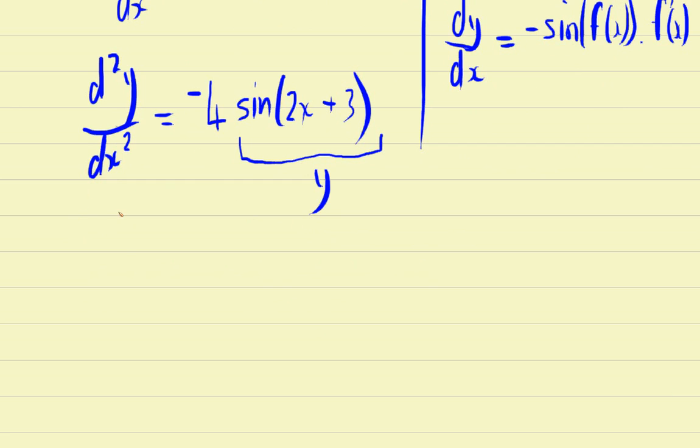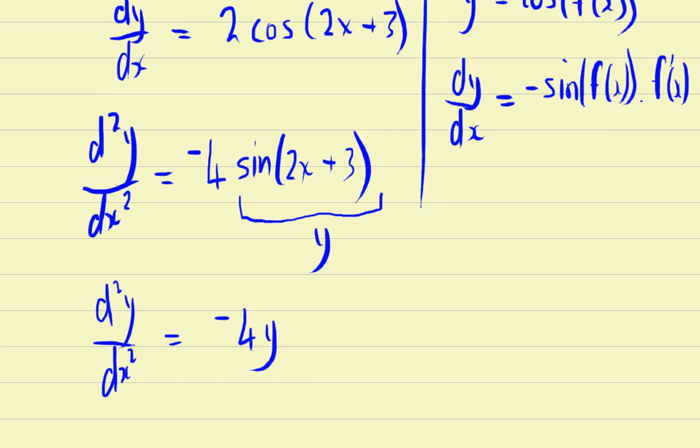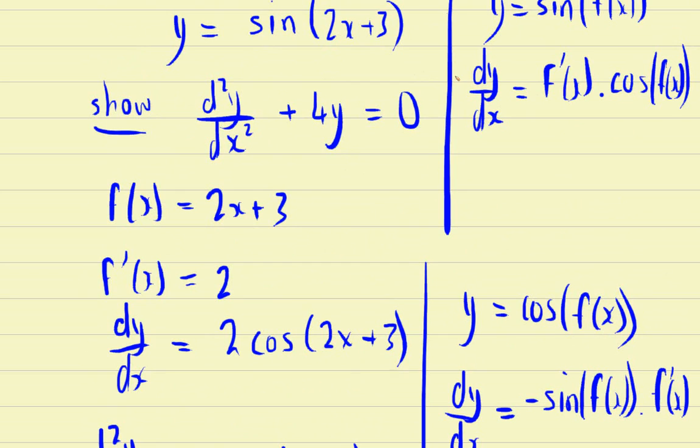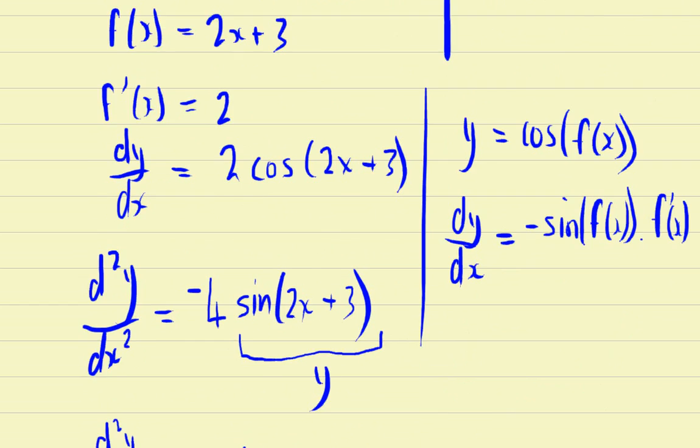the second derivative of y is equal to minus 4y. You end up with this. Now you can see we're getting closer to what we were looking for here. In fact, that's what we have.